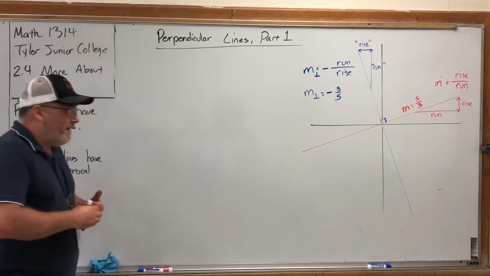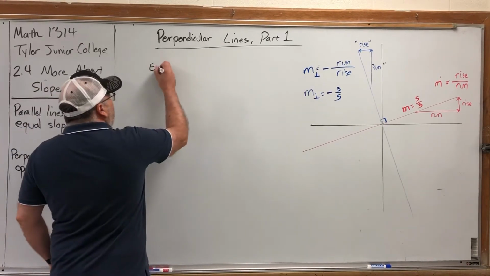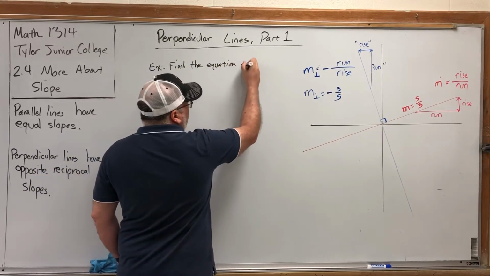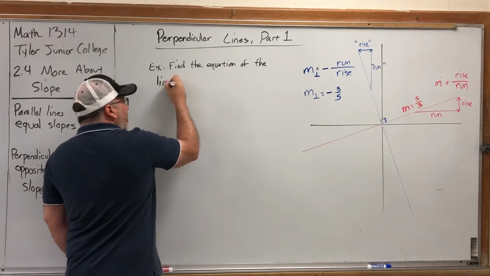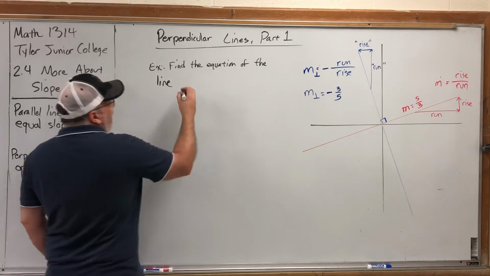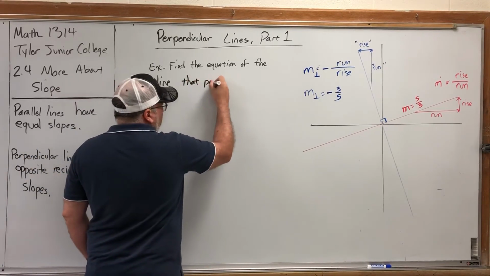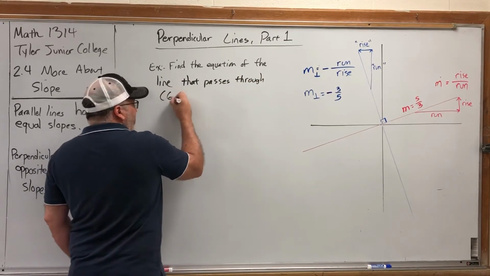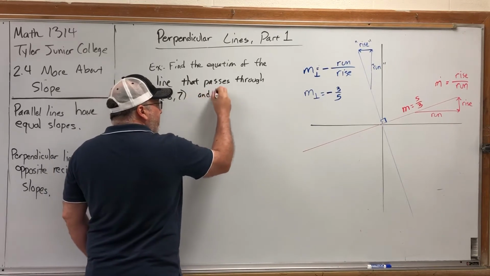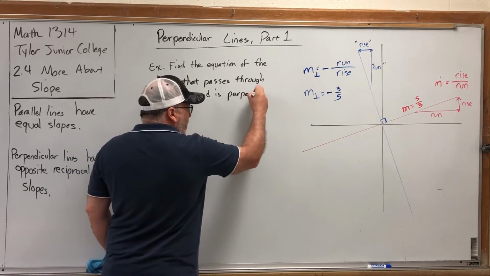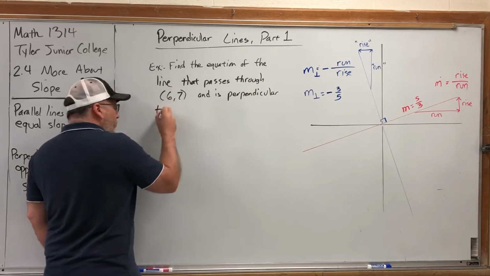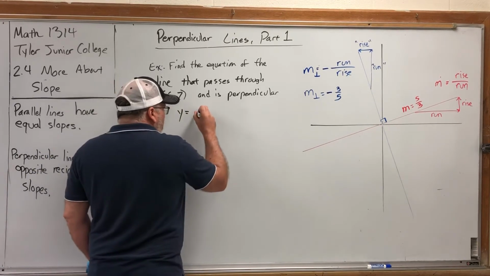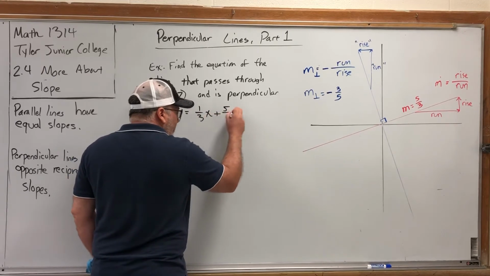So let's try to find the equation of a line real quick. For example, find the equation of the line that passes through, so we just need an ordered pair, we'll keep it kind of simple, we'll say (6, 7), and is perpendicular to, let's go ahead and get something in slope-intercept form, let's say y equals 1/3 x plus 5/3.